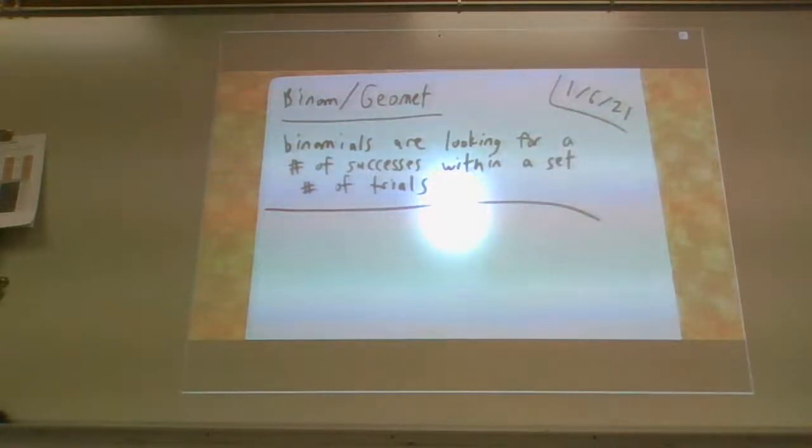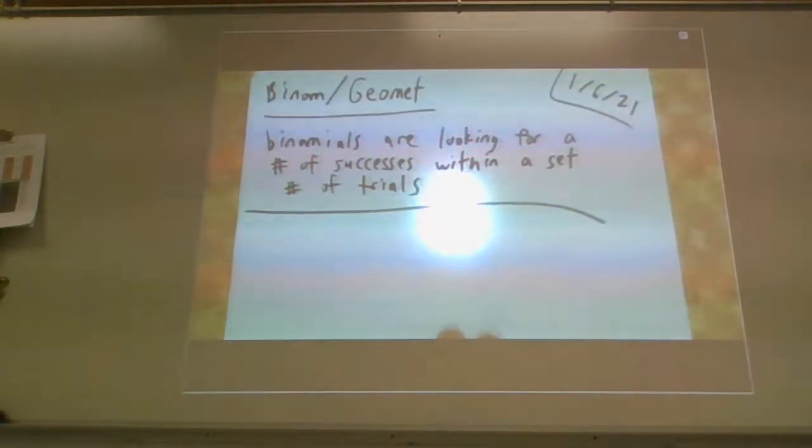That's what we've been doing with binomials. For example, my parents are going to have 4 kids. That's the set number of trials. They're looking for a certain number of successes. Not that my sisters would be considered successes and that me not, but regardless, the certain number of trials are set.